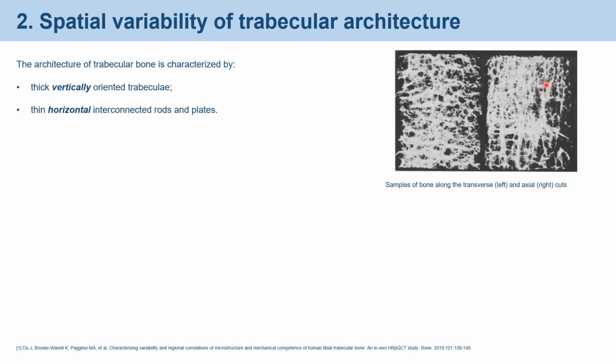As you can see on this image, thick and long vertical trabeculae are observed along the axial cut. They function as load-bearing columns, while thinner horizontal trabeculae are better observed along the transverse cut. They mainly contribute to load dissipation and stabilize microstructure of trabecular bone. And this makes trabecular bone isotropic in vertical direction and anisotropic in all other directions.